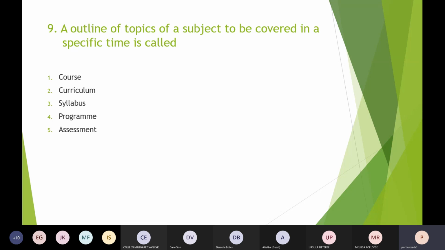Anyone disagree with me on that? I don't disagree. I just have a question. Because according to me, your syllabus doesn't need to be covered in a specific time. Yes, your syllabus can be, like you said, very specific, and obviously the teacher can change it.